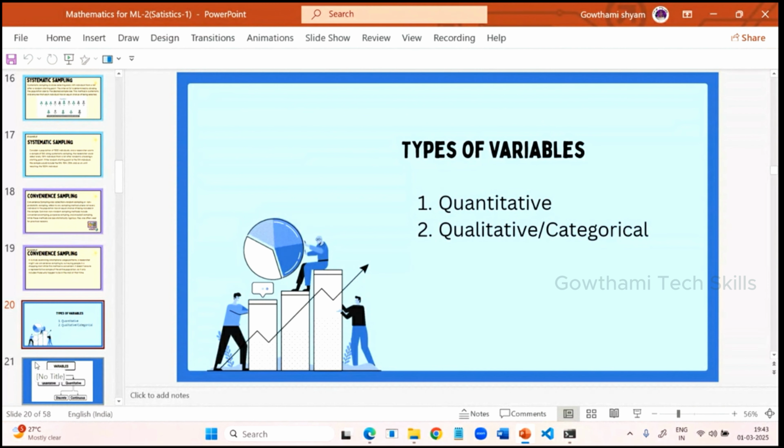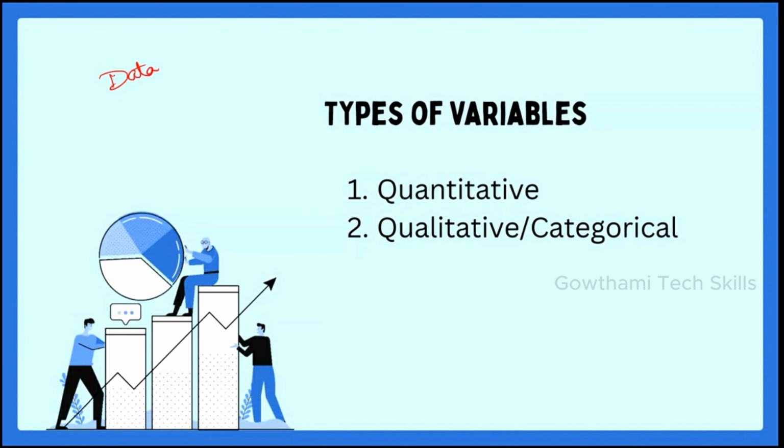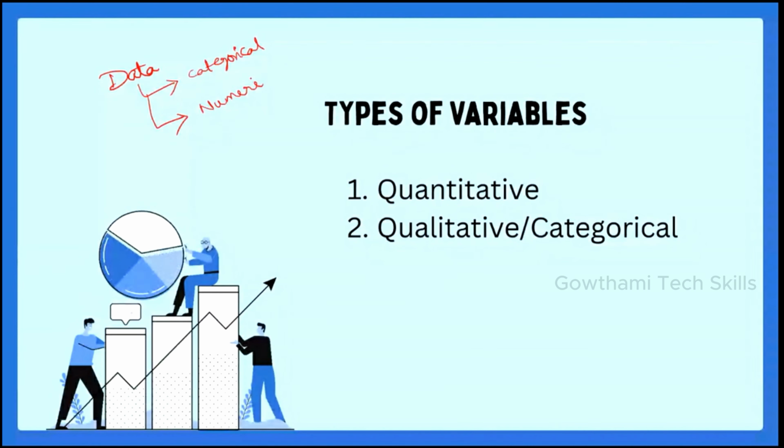Here, there are different types of data. One is categorical data and the second one is numerical data. So here data is of two types. The first one is categorical data, and the second is numerical data.